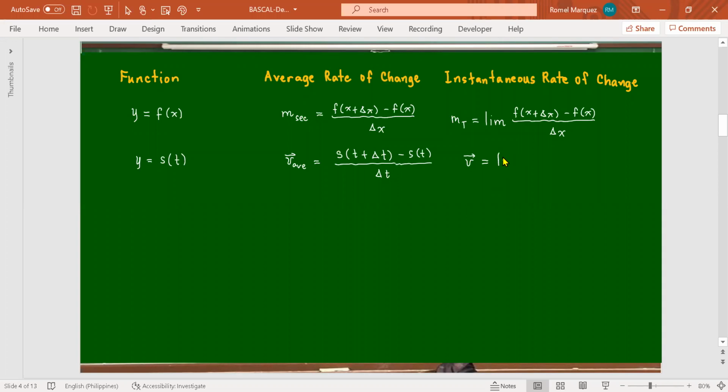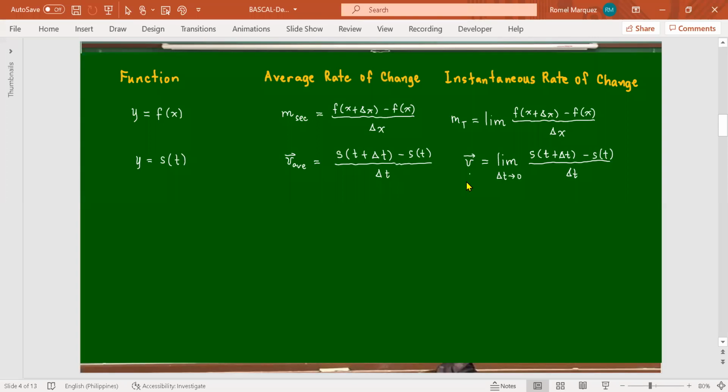And the velocity is given by the limit as delta t approaches 0. Instead na f, ang tatawag ngayon natin dyan ay s na kasi may pangalan na siya. And instead na x, s of t plus delta t minus s of t. It's not s times t, ha? All over delta t. So that's how we write.